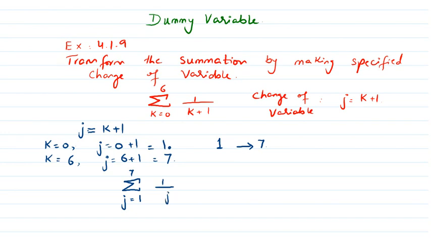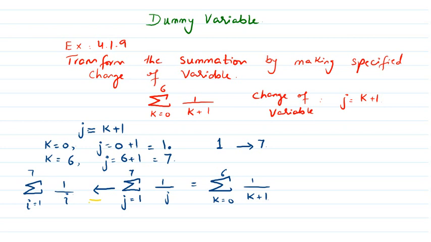So this is in fact equivalent to the given summation, k from 0 to 6, 1 over k plus 1. Now instead of j, if you want to give a new notation, I can say this is also equivalent to i from 1 to 7, 1 over i. So these two summations are equivalent because they are moving over the same span, right? And in fact they have the same terms over which the summation proceeds, right?